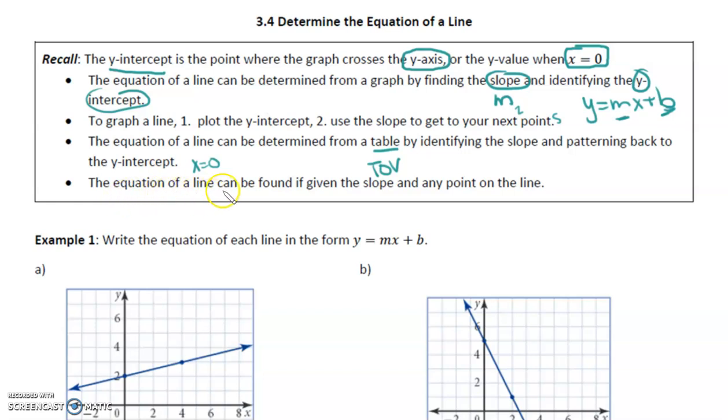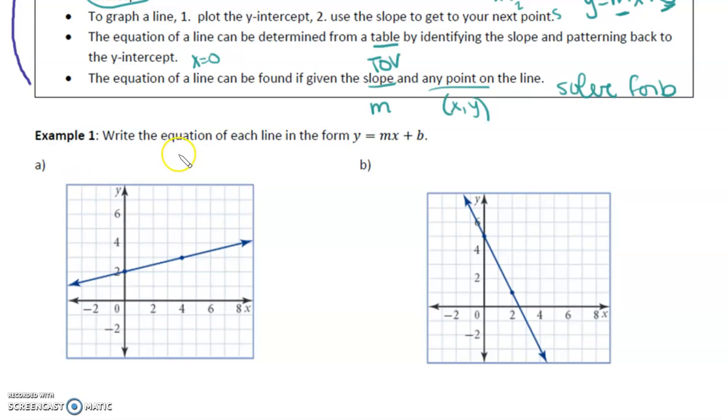And the equation of a line can be found if given the slope and any point. So we would be given the m, the x, and the y, and we would be solving for b. So let's start these questions. We're going to do one at a time, so hopefully it's not too much. I know that this was a lot, but let's chunk it up.